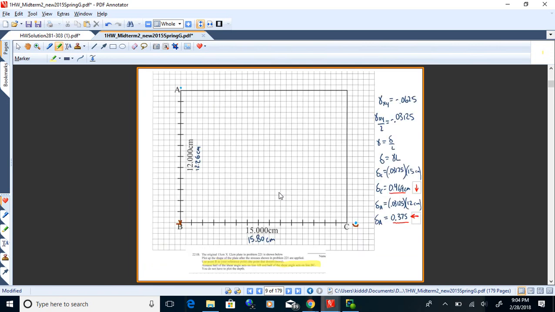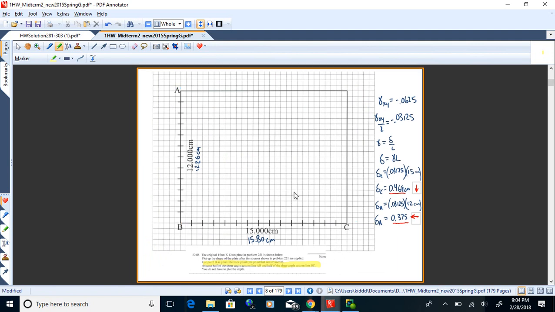All right, now let's have a look at the sketch, which is what I was kind of interested in doing here. So we start off with a plate that's 15 centimeters long, 12 centimeters high. But then as we calculate it, it's going to change length. The 15 centimeters will become 15.8, and the 12 centimeters will become 12.26.